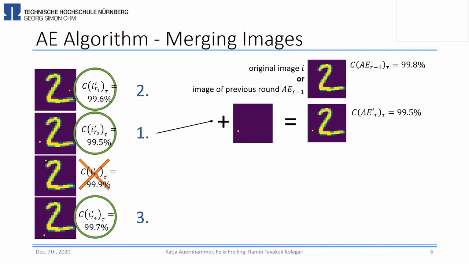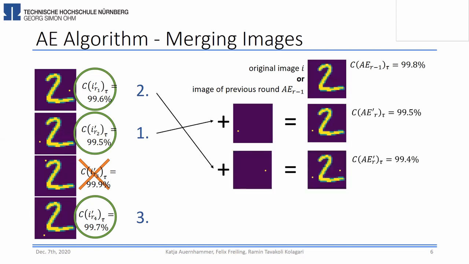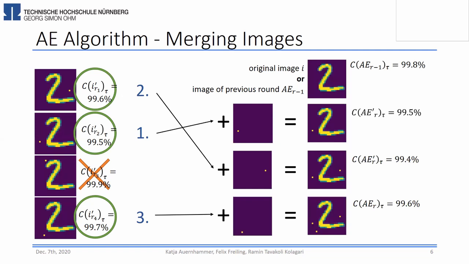Like the candidate, the merged image after the first merge is the same image, and it has also the same probability of 99.5%. We then merge the next perturbation. The probability is reduced slightly to 99.4%. And now we merge the third image. And interestingly, the probability is increased slightly to 99.6%.